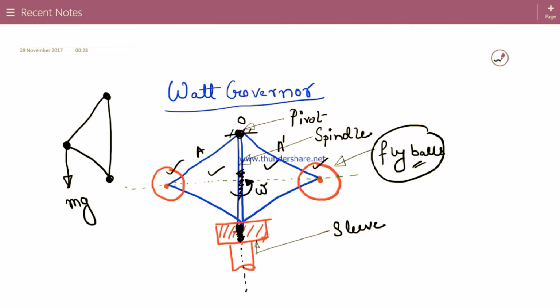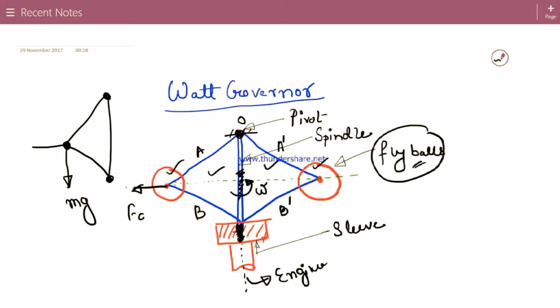mg, right? And since this entire thing, the upper arm A, the lower link and the upper arm A dash, rotates with a certain angular velocity with the spindle, which is connected to the engine, the fly balls rotate with a certain centrifugal force Fc.